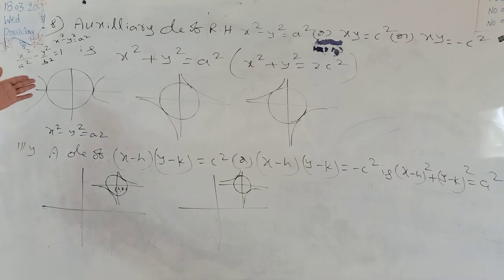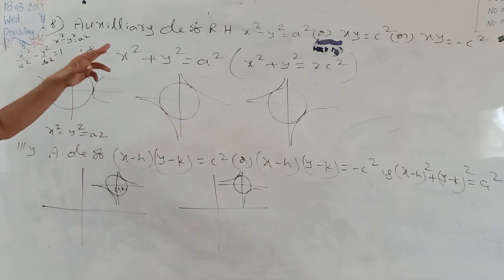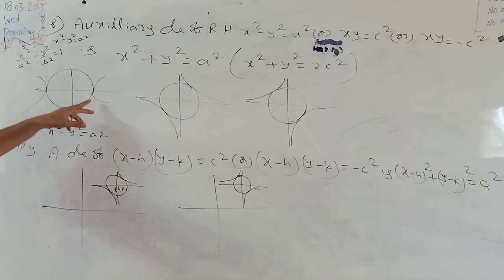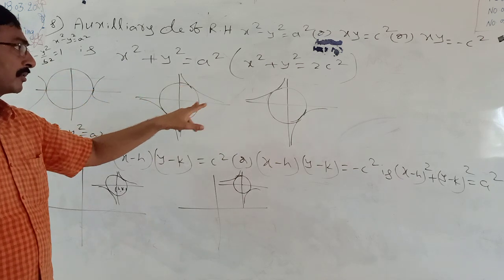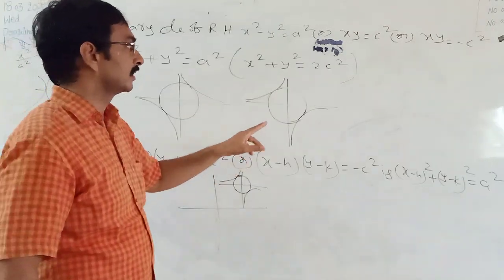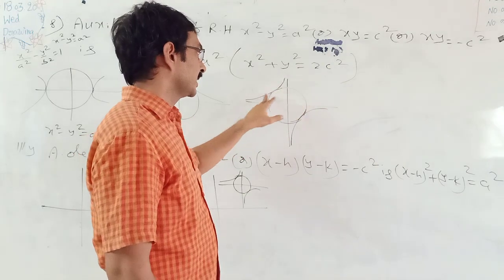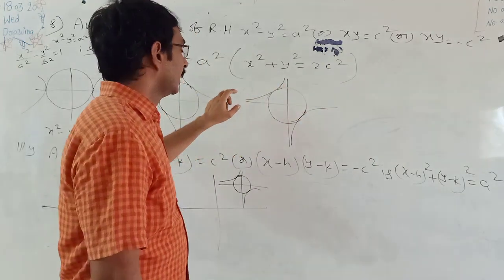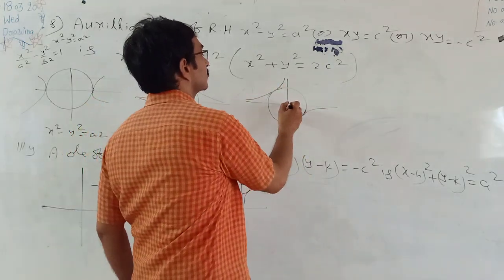See the diagram. The auxiliary circle of x square minus y square equal to a square is x square plus y square equal to a square. That of xy equal to c square is also x square plus y square equal to a square. That of xy equal to minus c square is also x square plus y square equal to a square.